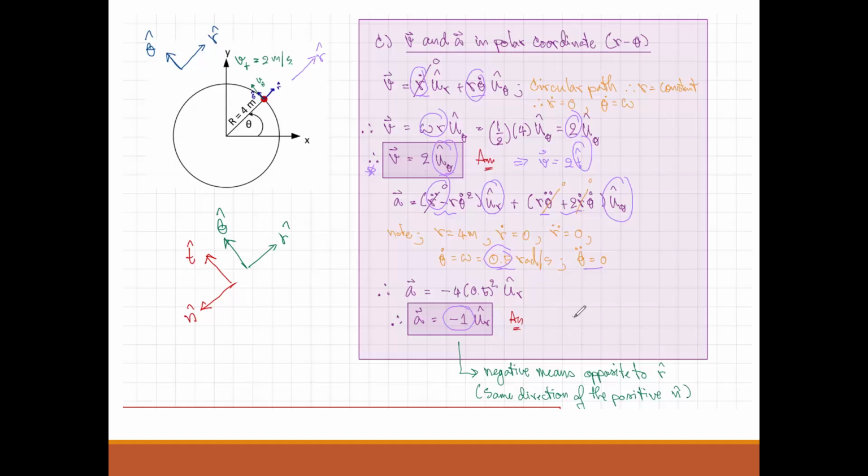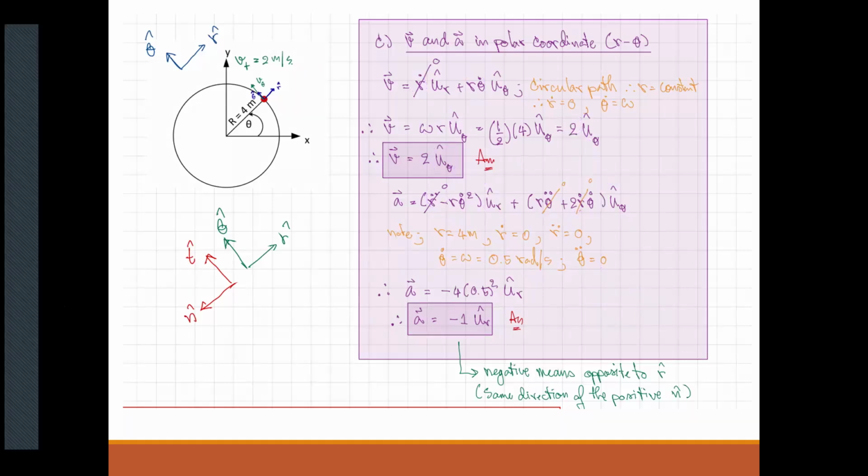If we compare with the acceleration in normal and tangential coordinates, we find this equals this, right? The negative means it is opposite to the r direction, which goes out from the center of the curve, but in this case it is in the positive normal direction instead. So that is for the last one.